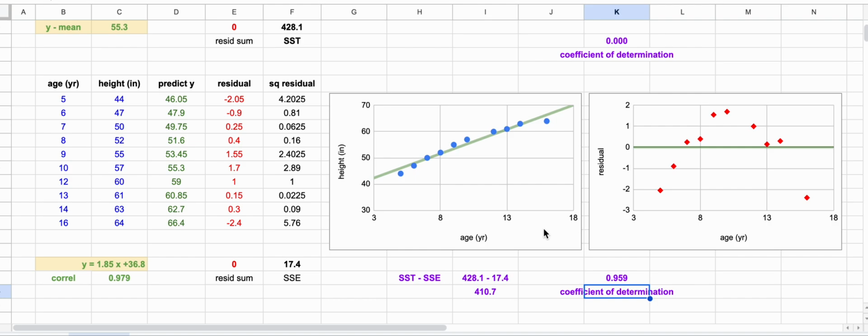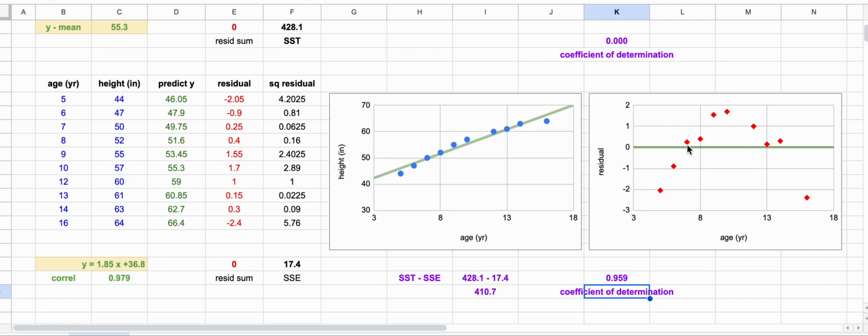Before we go on, let's also take a look at the residual plot for this linear regression. Here's the residual plot, and here we see curvature. For the younger girls, like the 5 and 6-year-old girl, we have a model that's over-predicting their height.